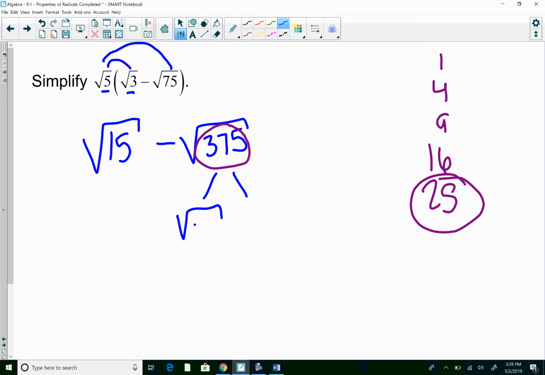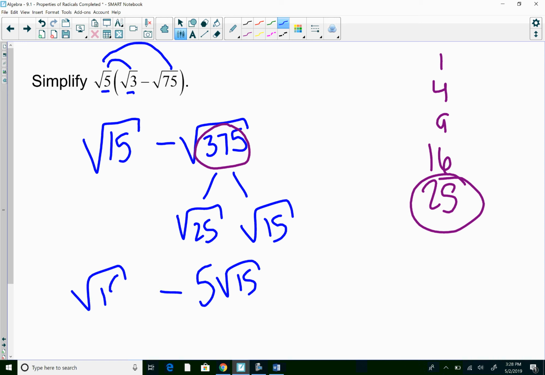Then you take the square root of 25, and look at what the other root turns into. So we've got 5 root 15, and then the root of 15. When they're simplified, remember there's an imaginary 1 out front there. That turns into negative 4 root 15.